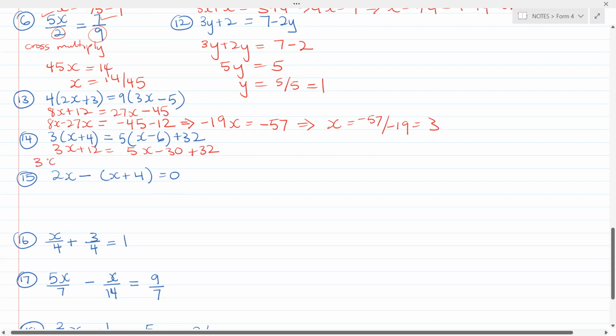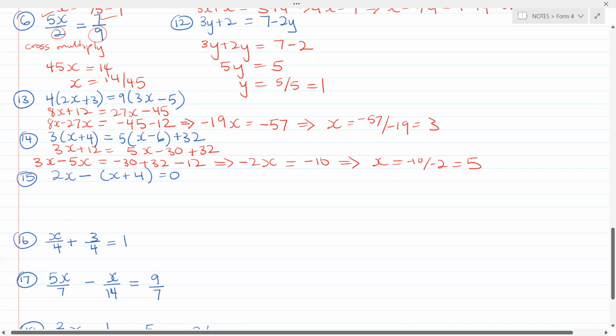We can say 3x minus 5x, which will be equal to negative 30 stays, plus 32 stays, and we bring across negative 12, which will give us negative 2x, which will be equal to negative 30 plus 32 is 2, and 2 minus 12 is negative 10. And of course, we divide by negative 2 on both sides, so x will be negative 10 over negative 2, which is 5.